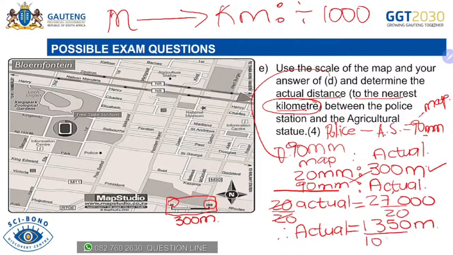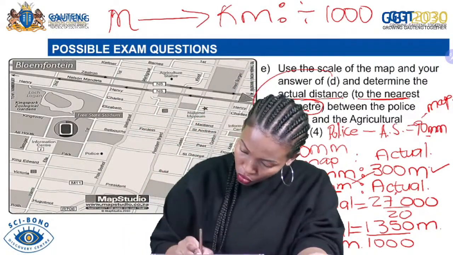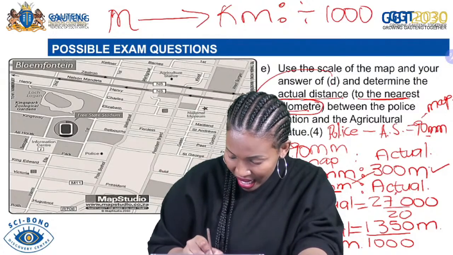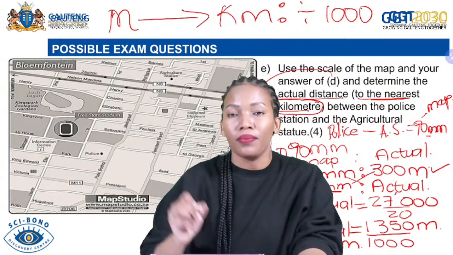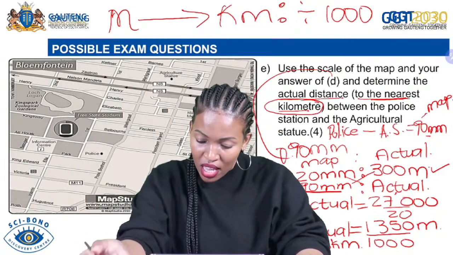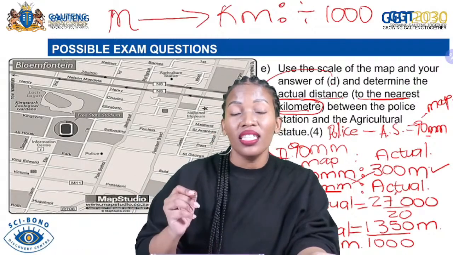So divide by 1,000, the answer would then be 1.35 kilometers. But they say they want it to the nearest kilometer. So if they say to the nearest something, it means they want the answer as a whole number. So 1.35 as a whole number is actually 1 kilometer. So that is the distance from the police station to the agricultural station. It is 1 kilometer.